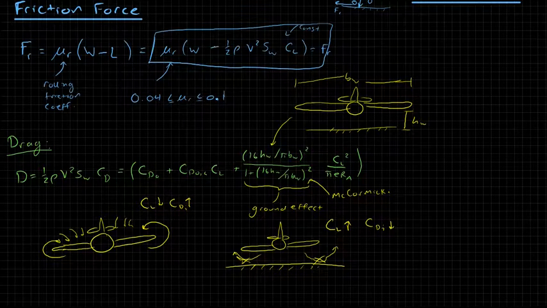And so pilots will often talk about this feeling of hitting an air cushion when they get close to the ground, and that's because as you get close to the ground, our lift will increase and our drag will decrease, and it kind of feels like a cushion. Okay, so it's important to consider this when we're talking about takeoff and landing.